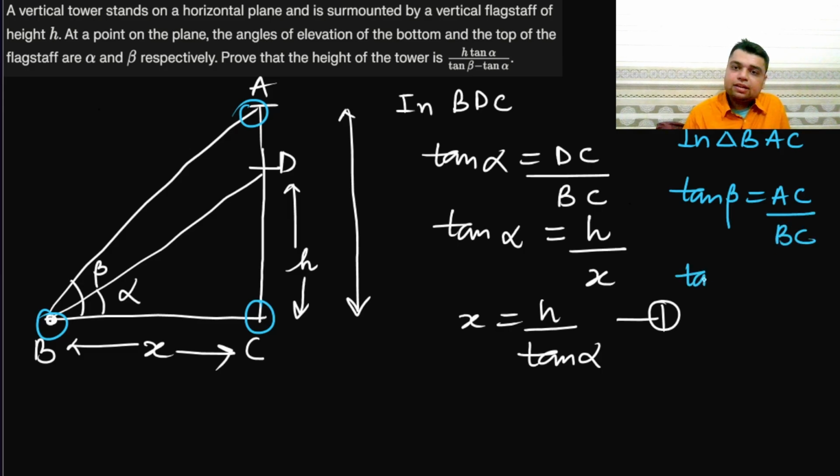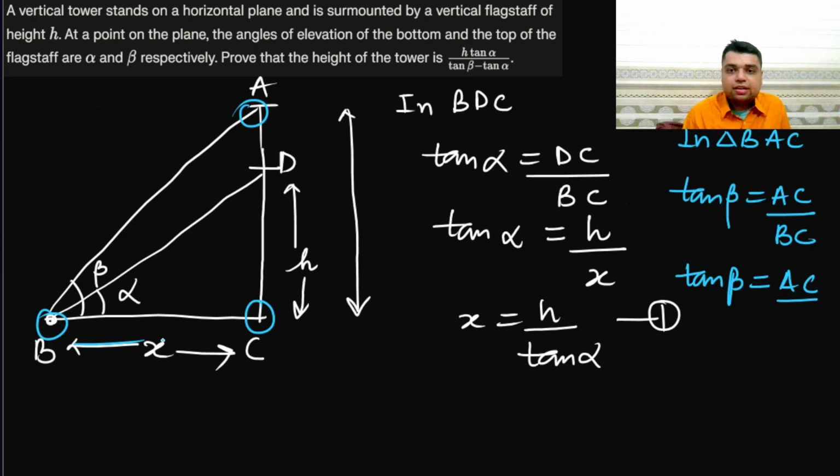So tan beta will be equals to AC. So AC will be what? We need to find the height of the tower, and upon h, it is given. BC is, no, BC is not h, it is x.